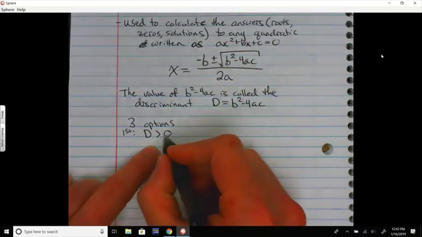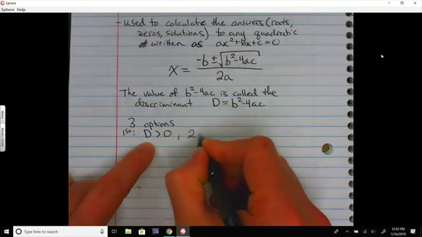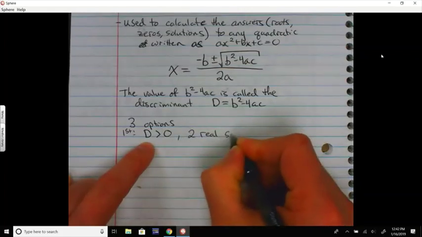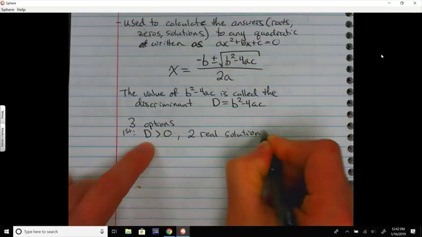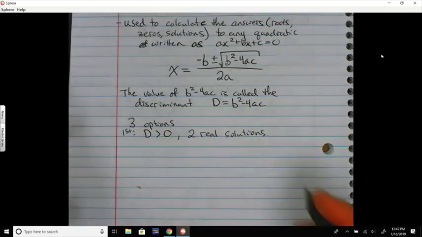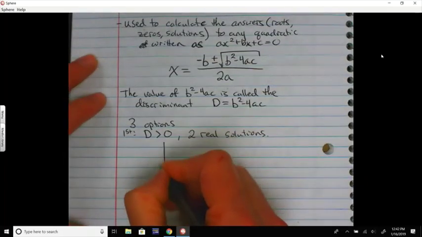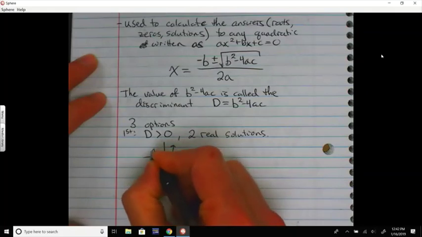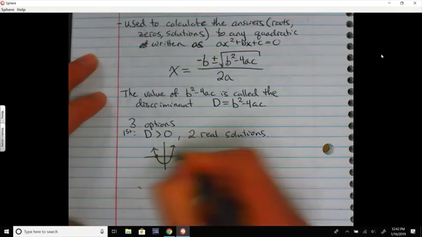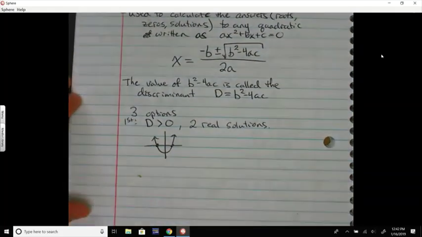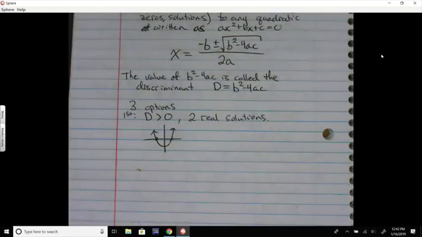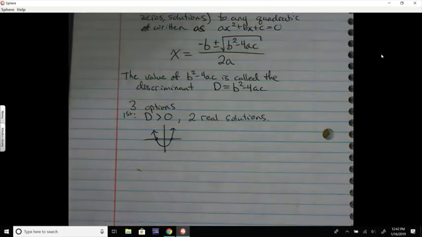So if you have a discriminant greater than 0, you have two real solutions. So that means your graph would be something that crosses the x-axis twice. So you're going to have two real solutions.